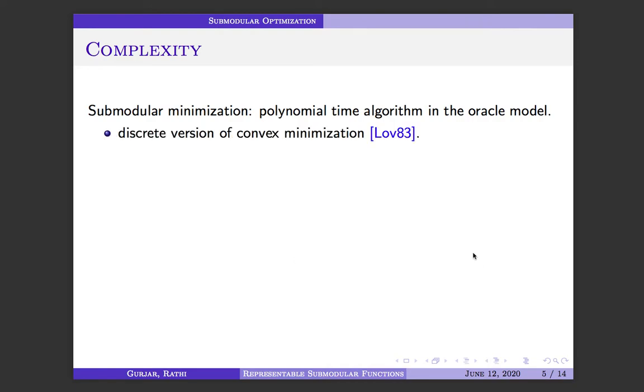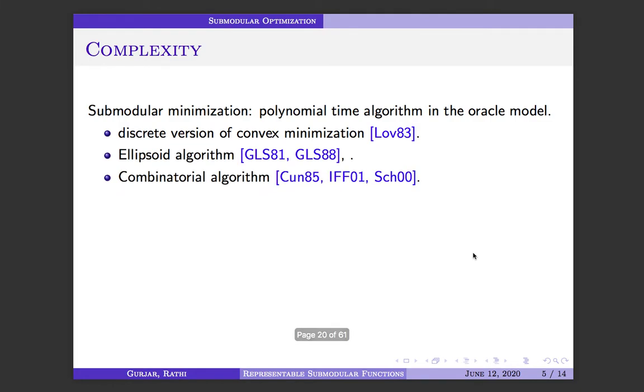The main idea behind this algorithm was a result of Lovász, which said that submodular minimization, in some sense, is a discrete version of convex minimization. And thus, in the 80s, they could apply the ellipsoid algorithm to solve submodular minimization. Later on, in the 2000s, a combinatorial algorithm was also found, which in fact was strongly polynomial.